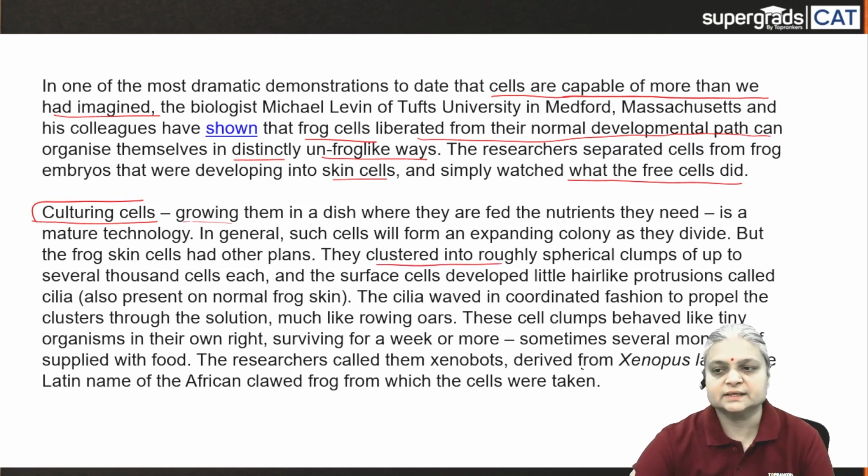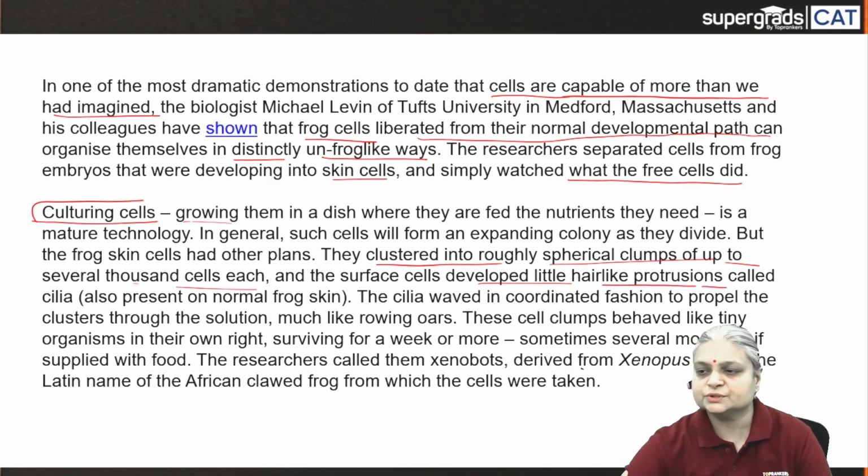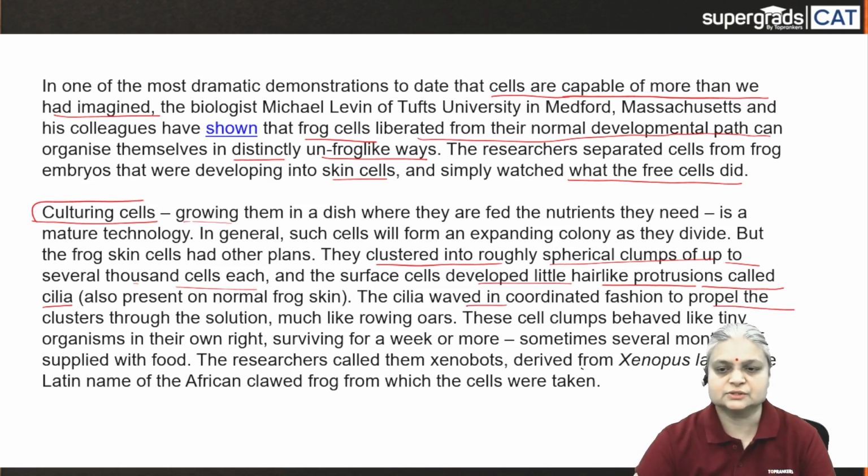They clustered into roughly spherical clumps of up to several thousand cells each, and the surface cells developed little hair-like protrusions called cilia, also present in normal frog skin. The cilia waved in coordinated fashion to propel the clusters through the solution, much like rowing oars.